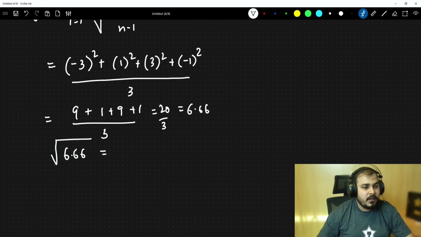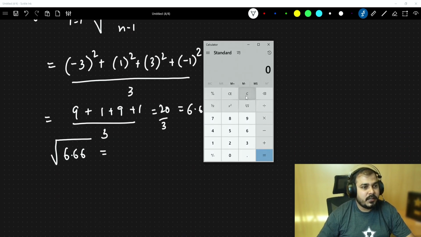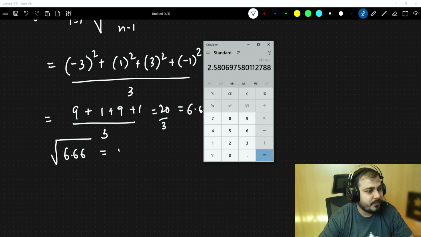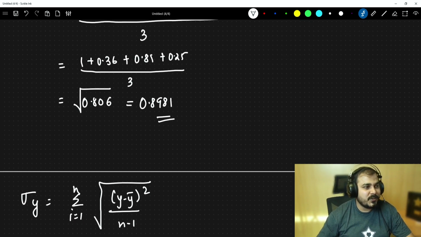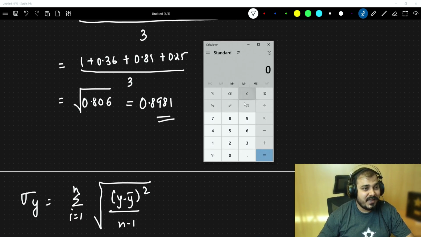I'll open the calculator. Let's see, root of 6.66. So the root of 6.66 is nothing but 2.58. Let's see this also, since I don't know whether I did it right.